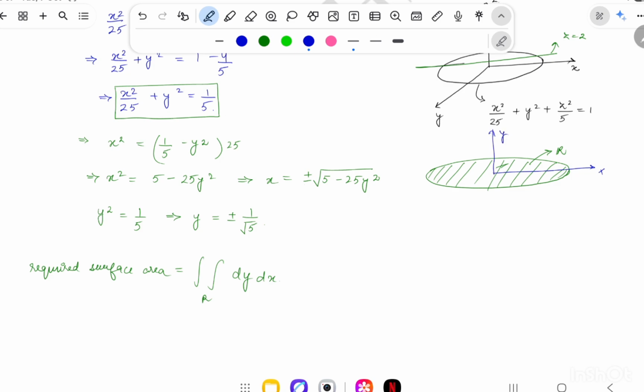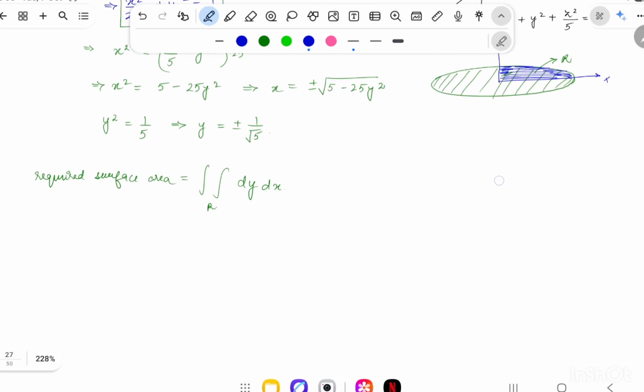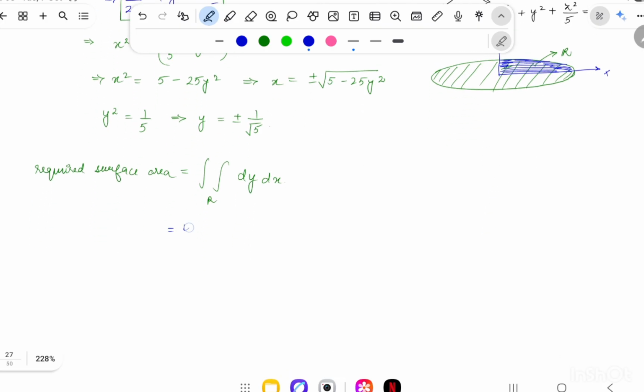The ellipse is symmetrical along both axes, so it is enough to evaluate the area of the surface lying in the first quadrant and then multiply by 4 to get the area of the whole ellipse. So the required area will be 4 times the surface area lying in the first quadrant.